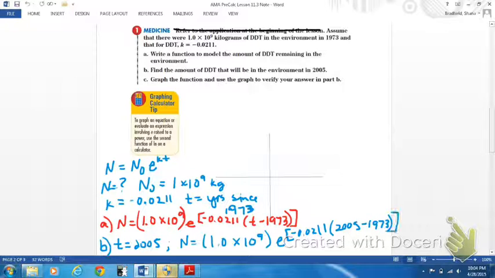And you could go ahead and do that if you wanted to. And then you're going to find your resulting value. And the result for part B is going to be approximately, if I put it in scientific notation, 5.091 times 10 to the 8th.